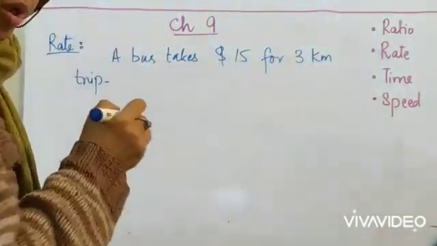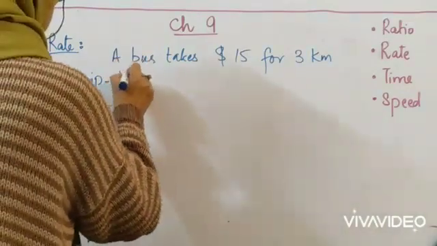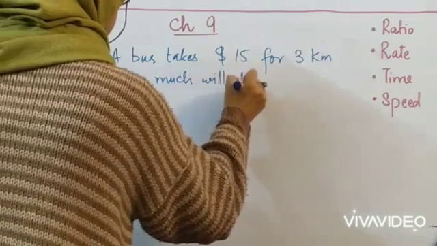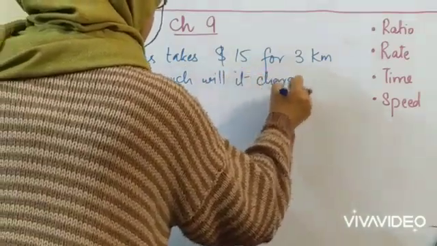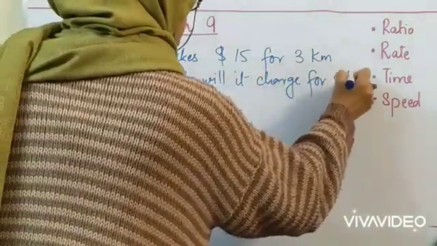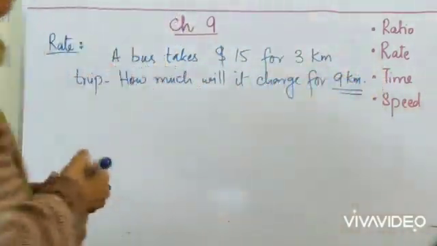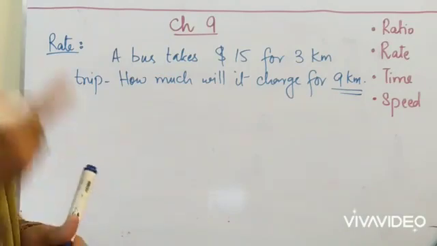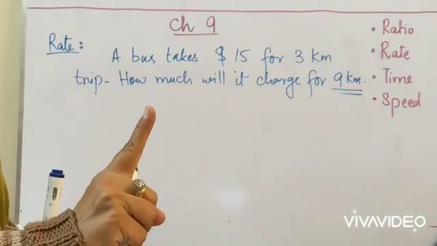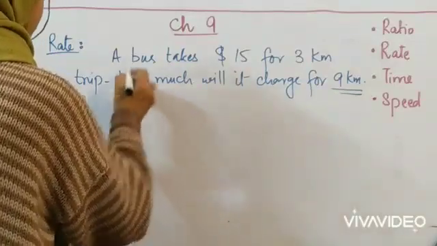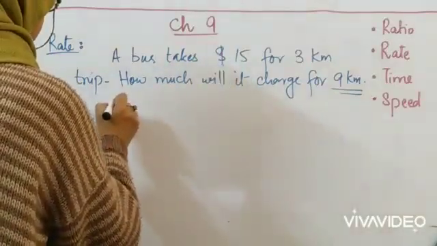We want to know how much it will charge for 9 kilometers. To find the answer for 9 kilometers, we must know how much the bus is charging for 1 kilometer. So let me write the statements.